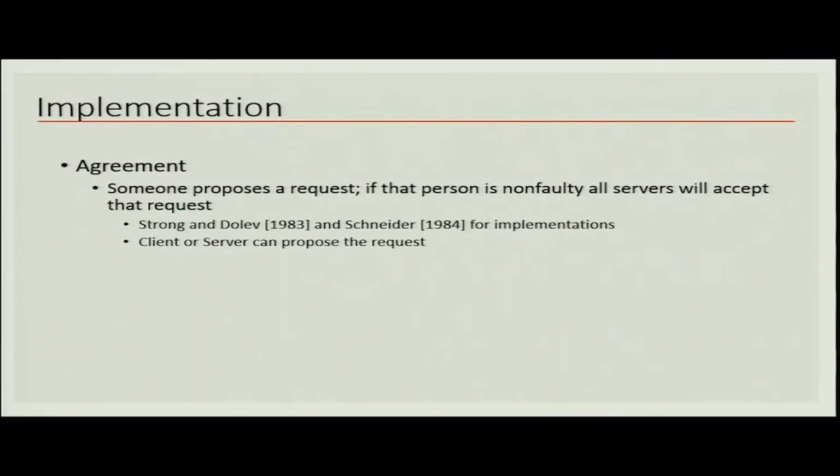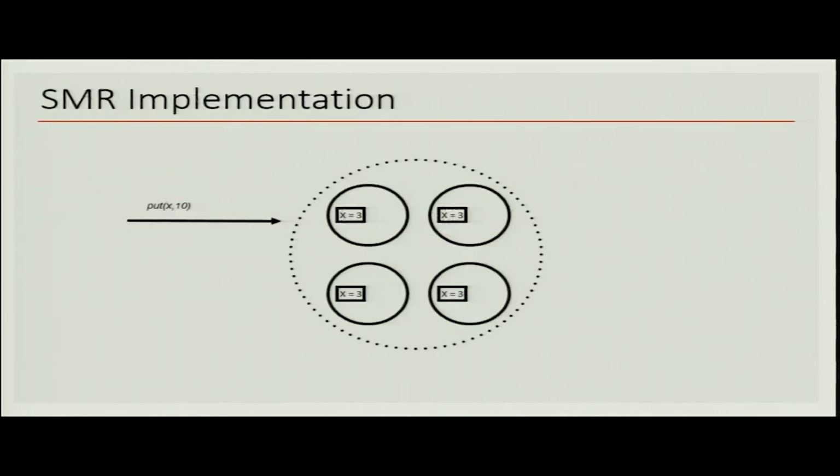There is this algorithm by Strong and Dolev, and then Fred Schneider also did some improvement on that. This guarantees agreement: someone proposes a request, and if that person is non-faulty, all servers will accept that request, and any client or server can make a request.